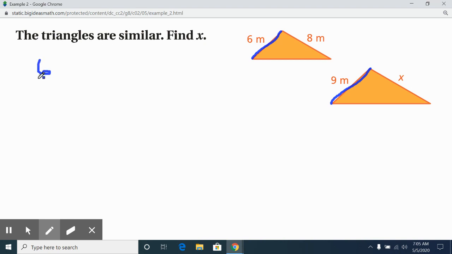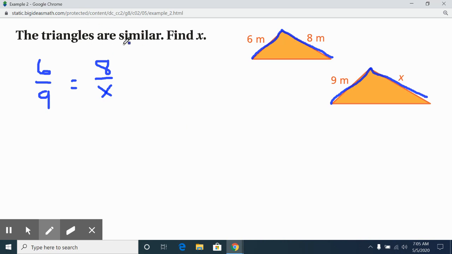Now I'm going to write a fraction of 6/9 equals, I'm going to write a proportion, this side length is 8, going from the smaller triangle to the larger. This triangle, I don't know that side length, but I can find it using a proportion.